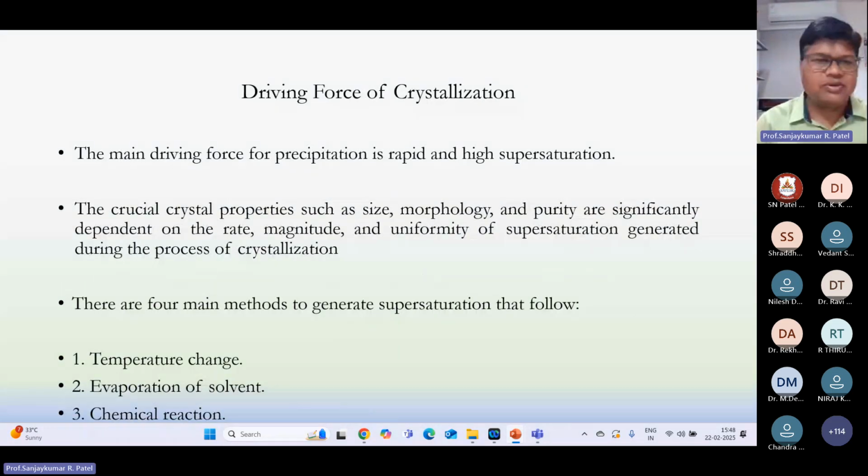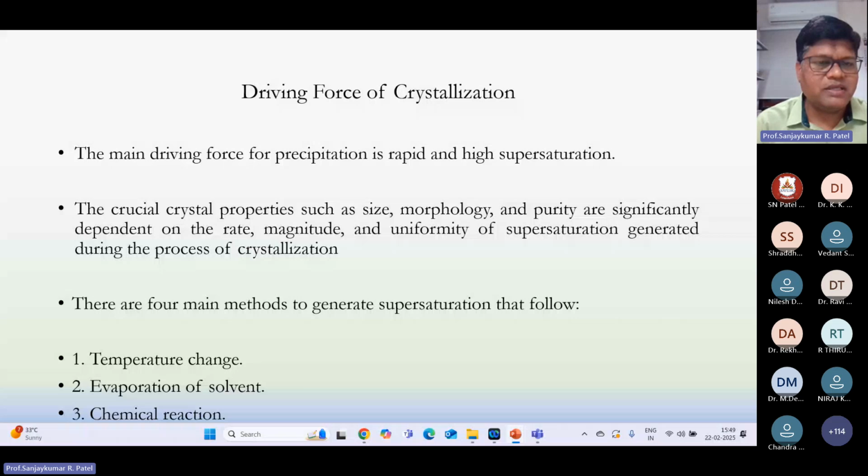So to control the nuclei or the crystal size and crystal growth, what are the factors that can be controlled? We should have some idea about the driving forces of crystallization, that is, how we can tailor the driving forces so that we can control the size and shape of a particular product.